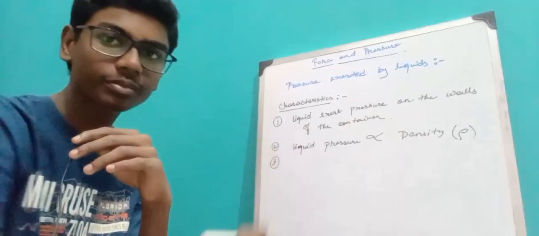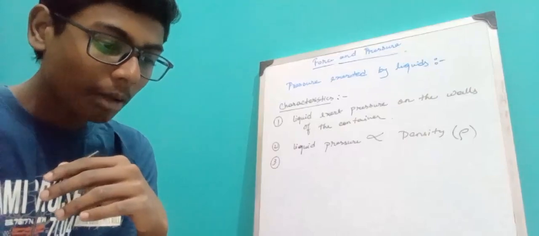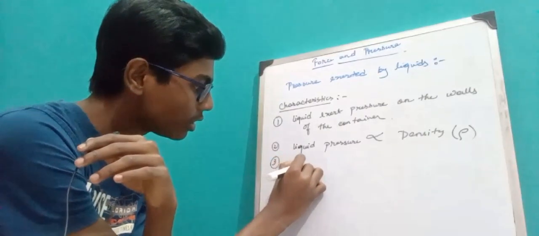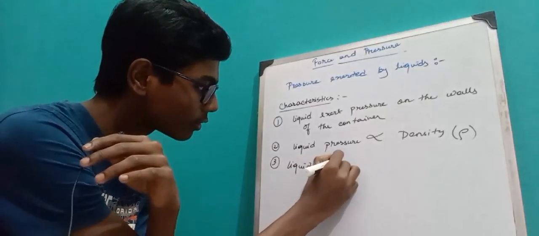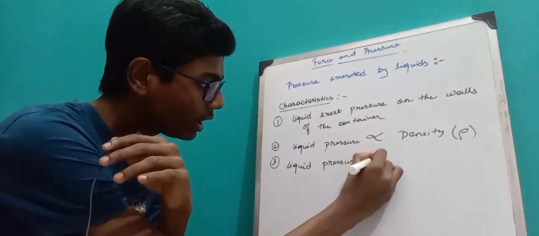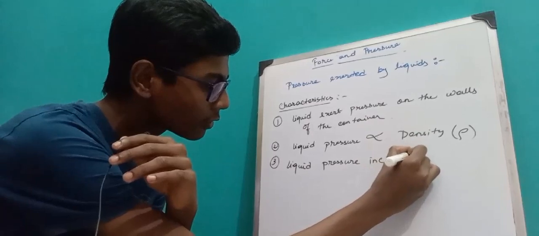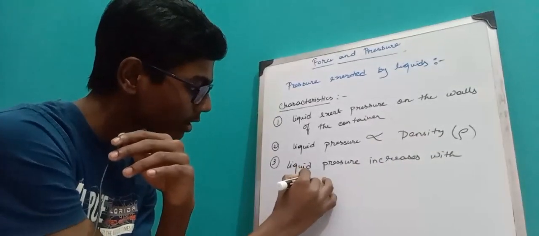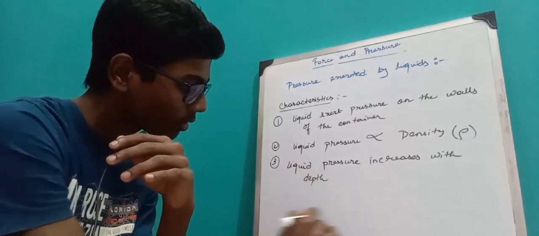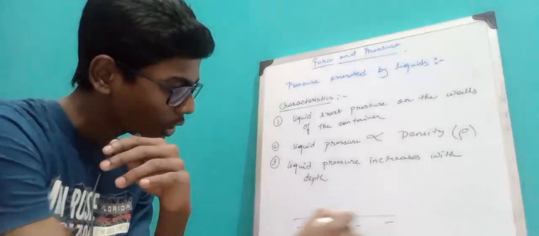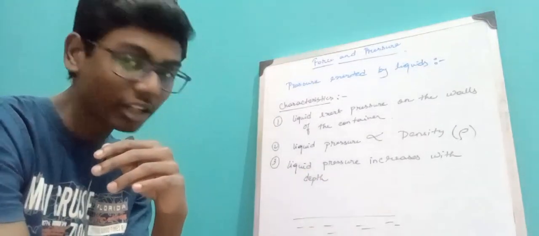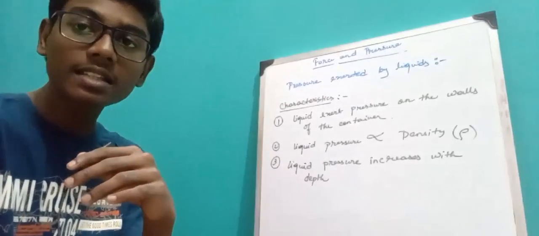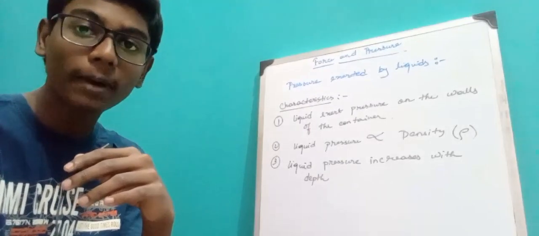Third, pressure exerted by liquid increases with depth. So liquid pressure increases with depth. That's why in oceans and seas, it is found that on the top portion the pressure exerted is not much.